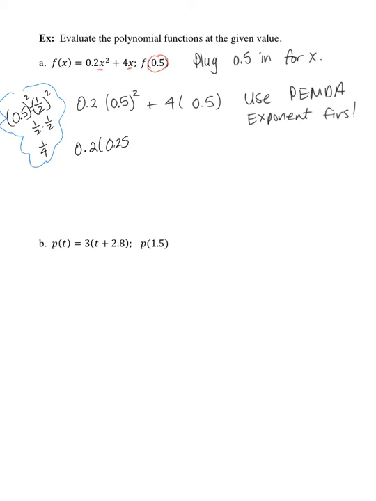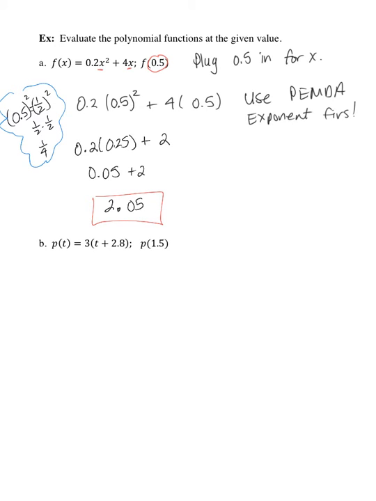All right, and then we'll multiply 4 times a half, or 0.5, so that would be half of 4 is 2. Okay, and now I get to multiply. So we've got 0.2 times 0.25, and that is 0.05 plus 2, so my grand total at the end is 2.05.